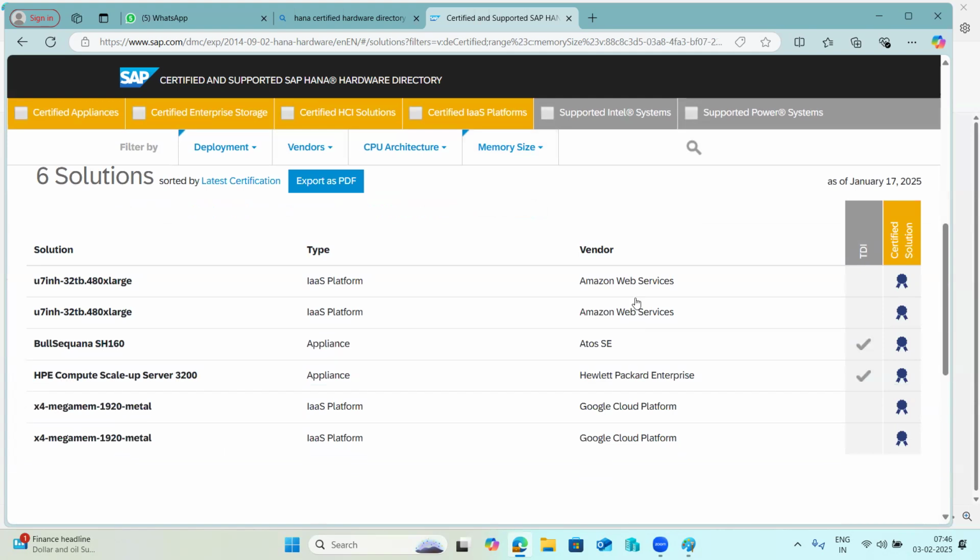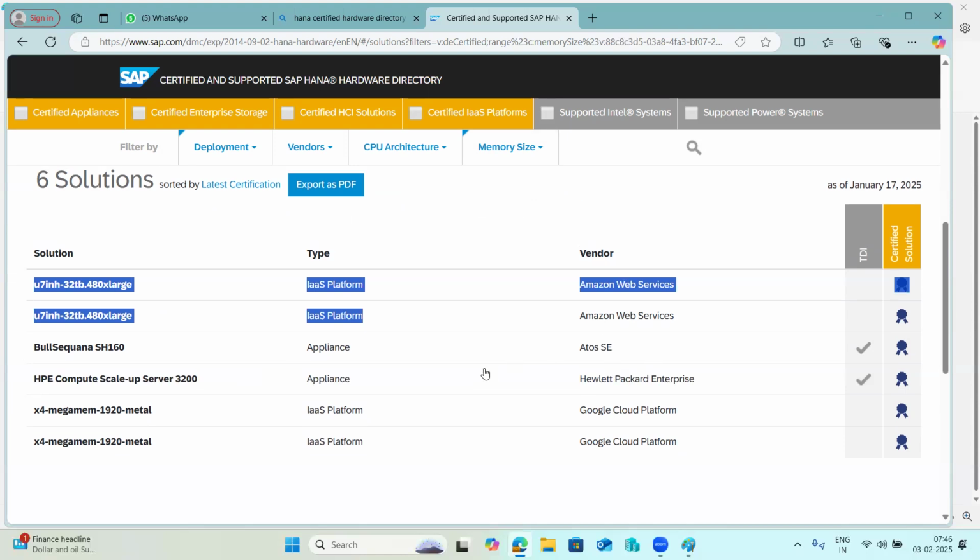Because only the cloud providers will provide a lot of memory. 32 TB means more infrastructure. HP is also providing. Okay, HP, Atos, AWS, and GCP. These vendors are providing 32 TB, not GB.